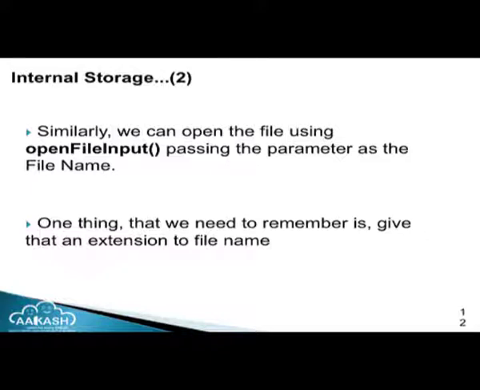Then if we want to open our file, we can use openFileInput, passing the file name as the parameter. One thing that we need to remember is to give the extension of the file. As I said, you have to give the extension of your file name. It is optional. If you want to give it, you can, otherwise by default it will take it as a text file.